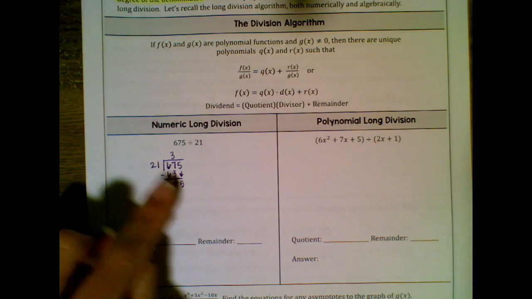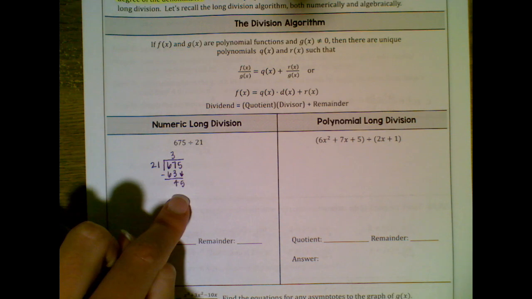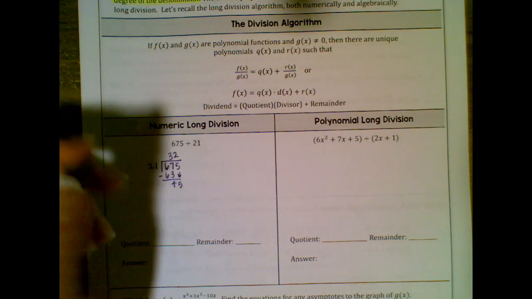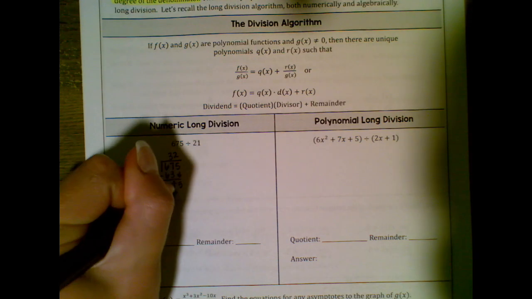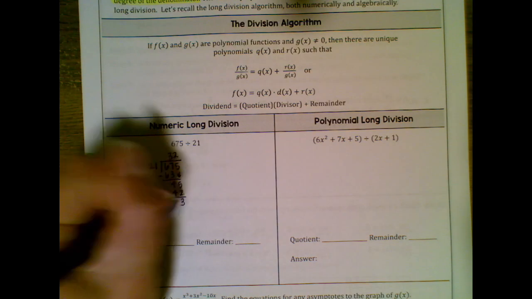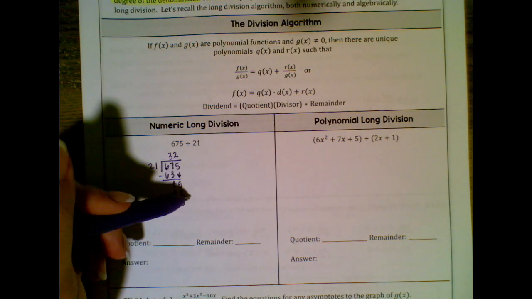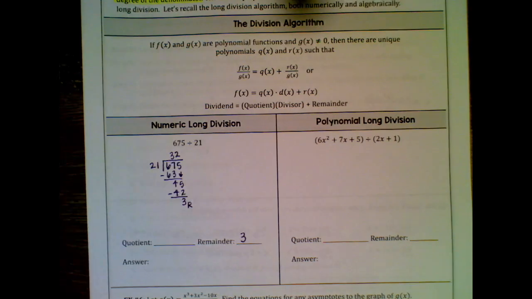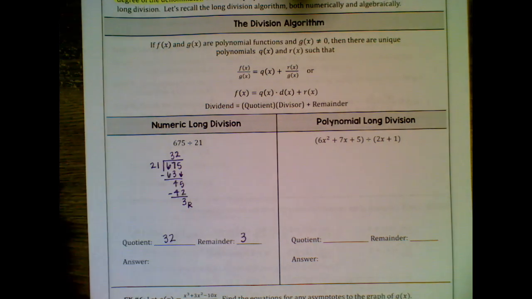How many times does 21 go into 45 now? Most it can go in is 2 times, because 21 times 2 is 42. Subtract that from 45, and we end up with 3. There is no other number to bring down, so 3 is my remainder. The quotient is what was left over up top, so 32.